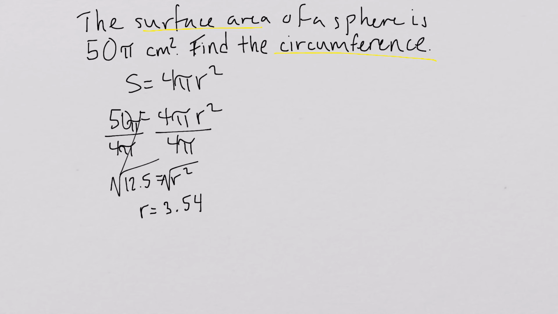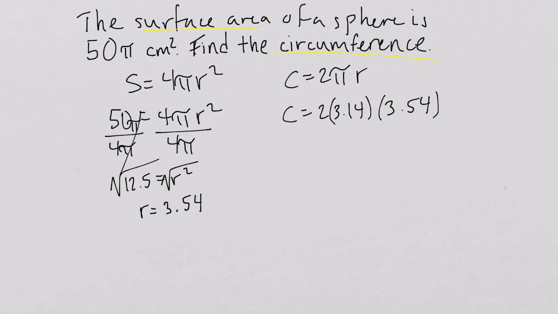So now it says find the circumference. Okay, so the circumference is 2 pi r. So it's going to be 2 pi, which is 3.14, and r, which we just found, is 3.54. Multiply that out, and you're done.